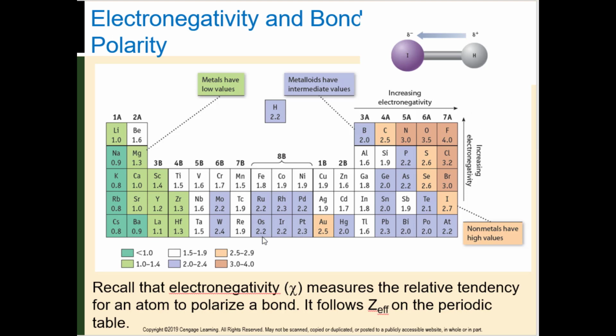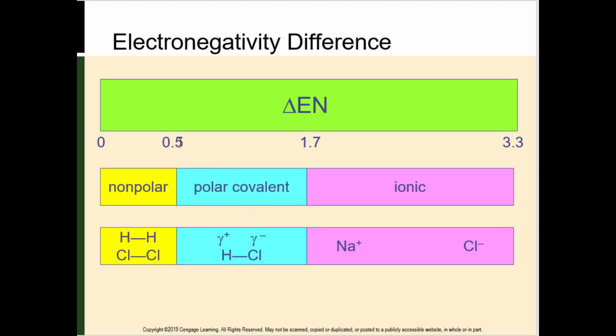Going back to this table, again, we look at the differences in electronegativity. So if I wanted to look at HI, I would take H, which is 2.2, and subtract it from I, which is 2.7, and I would get 0.5, which is right on the edge, we can see, of being polar covalent and nonpolar.